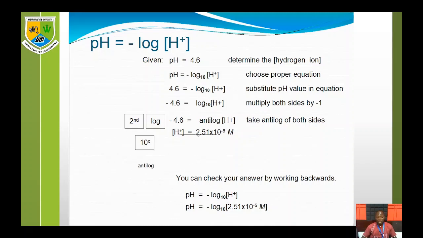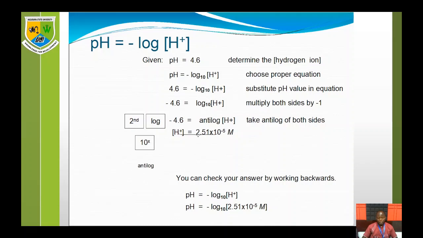So the next thing is to multiply both sides by -1. If you multiply 4.6 by -1, it's going to be minus 4.6, which will be equal to log to base 10 of hydrogen ion concentration.